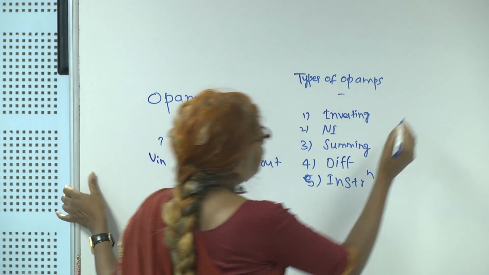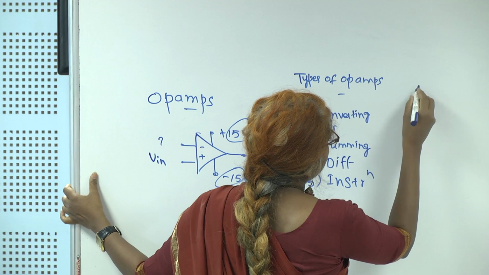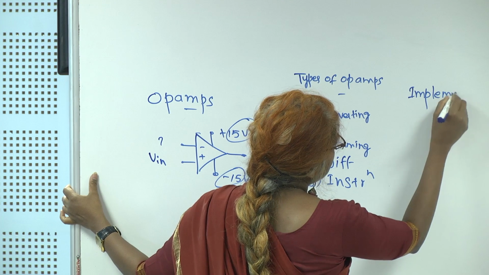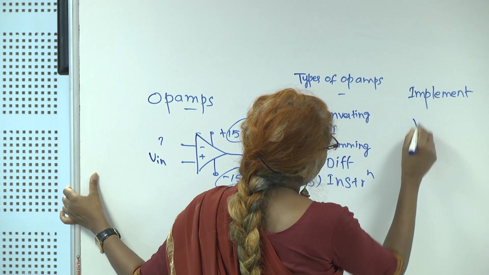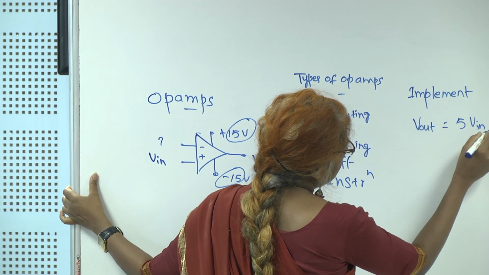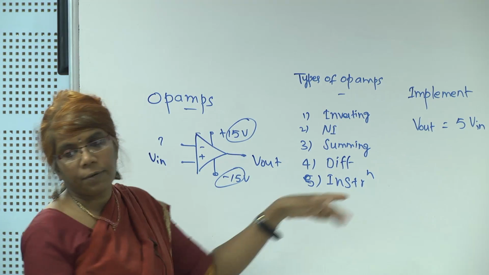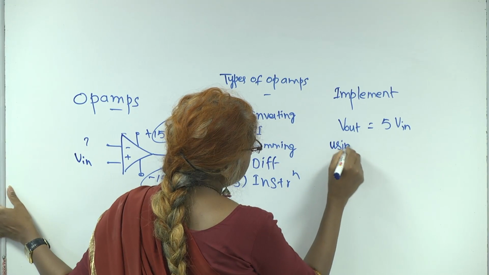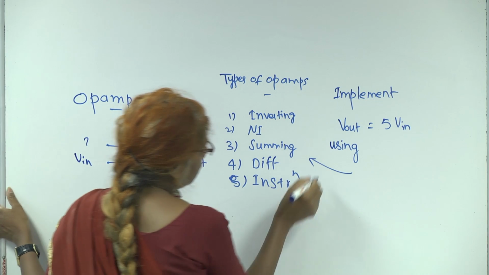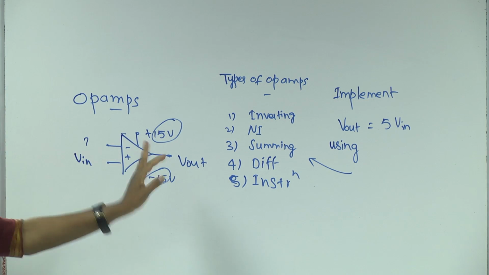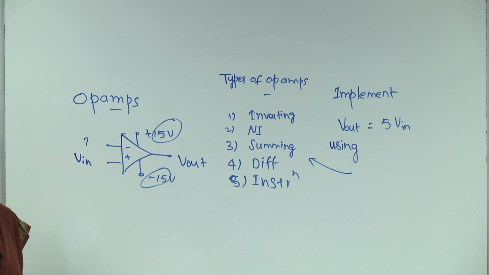Build, or yeah, implement V out equal to 5 V in. V out equal to 5 V in using these 5 kinds. I know I write small, that is all right. Using inverting, non-inverting, summing, differential, instrumentation op-amps.